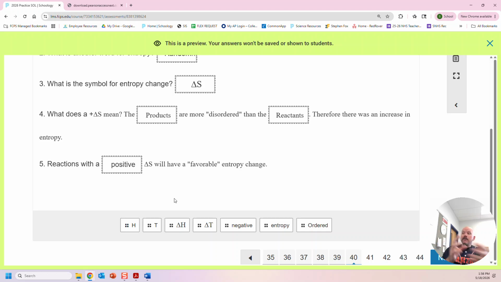Now, anytime you have a reaction that has a negative delta H and a positive delta S, that's always favored. But most things are reversible, which means most things are sometimes favored going this way, other times favored going this way. What's usually the main deciding factor? It's temperature. Why does the ice melt when I take it out of the freezer?